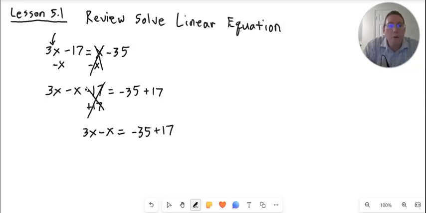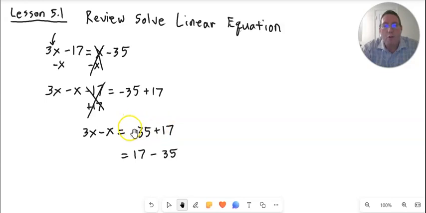Now, I want you to know that this negative 35 plus 17 can be rewritten as 17 minus 35. You can rearrange the terms in an expression as long as you bring the sign with whatever's rearranging. The 35 can go over to this side of the 17 as long as it carries the negative with it. We could do the same thing over here.